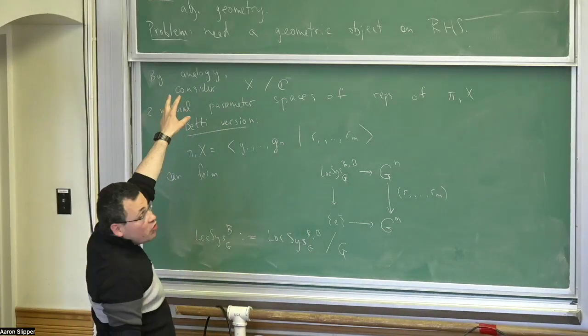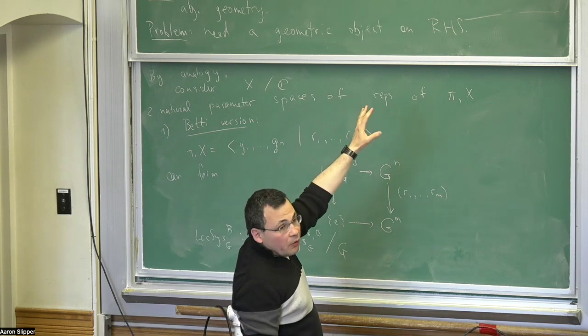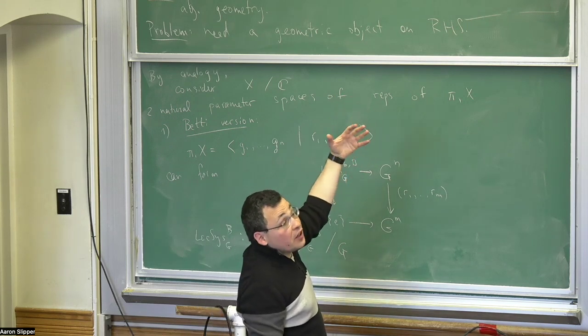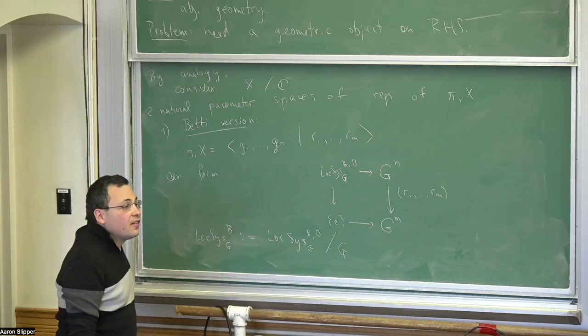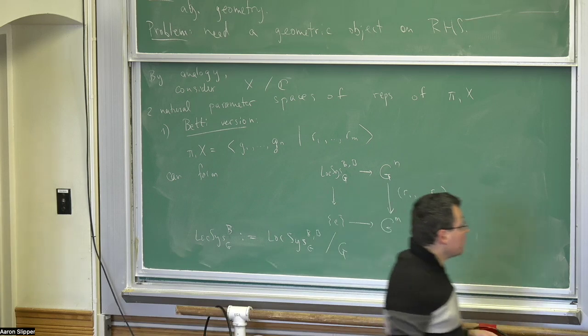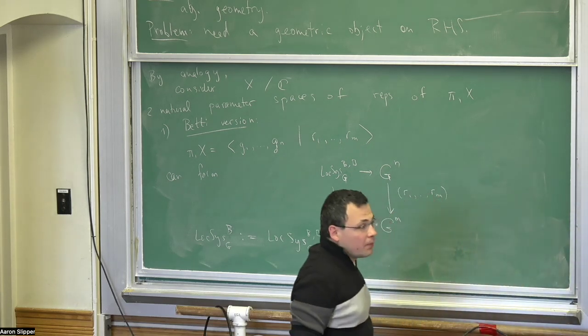The left-hand side, BunG, is a stack over F_q. On the other hand, this stack of Galois representations will be something over E, whatever our coefficient is. Q_l bar, yeah. Exactly. For the moment, though, let's take E to be C in this setting.